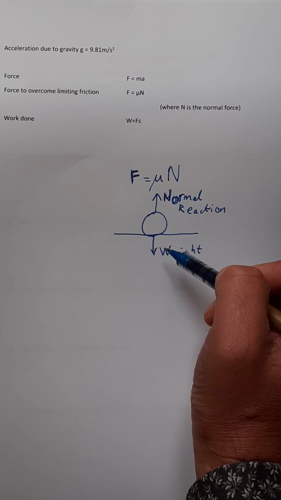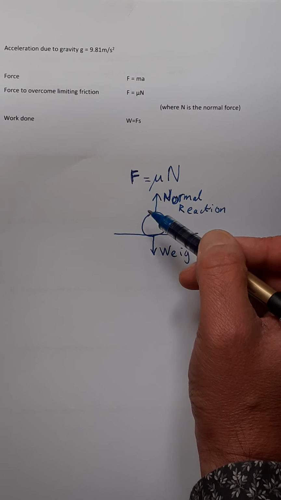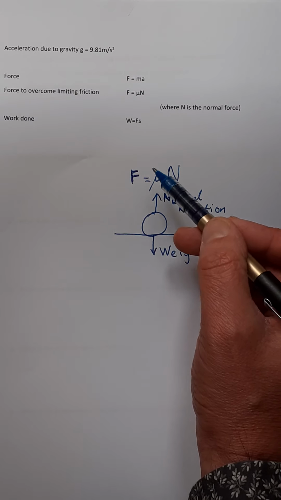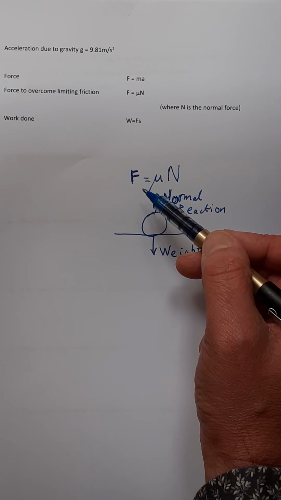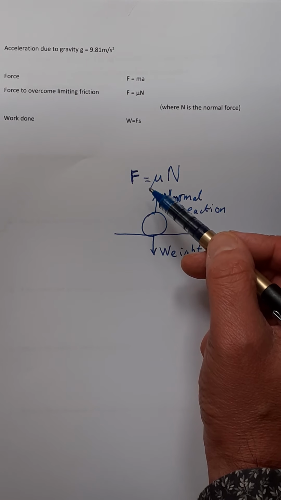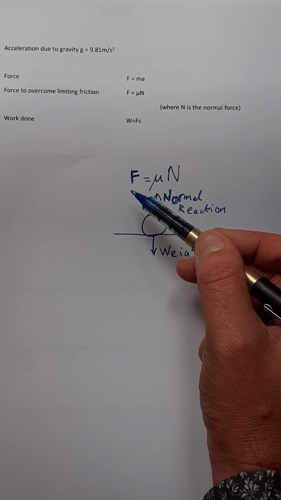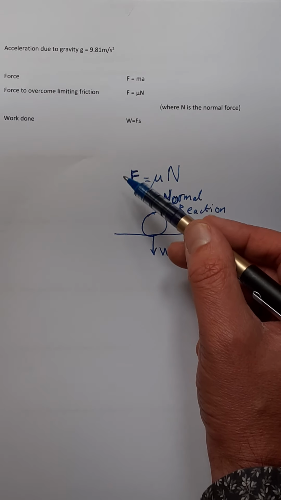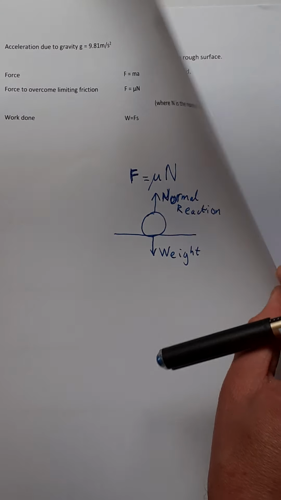Because the normal reaction is going to be equal to the weight, unless there's some other force coming in with a vertical component, we can say that the heavier something is, the more friction it's going to have. And that kind of makes sense. If you imagine trying to push a heavy object across a rough surface, we're going to have a lot of friction there. If you're trying to push a light object across the same surface, then we're going to develop less friction.